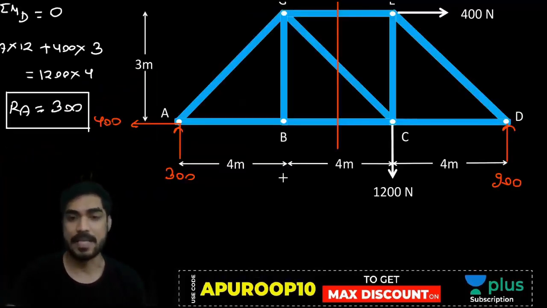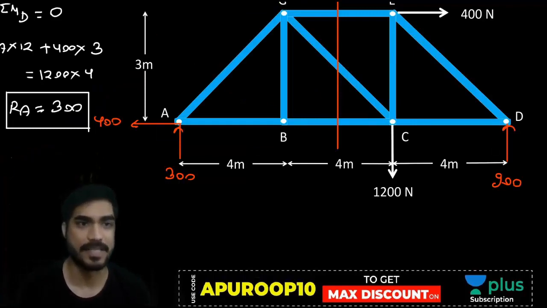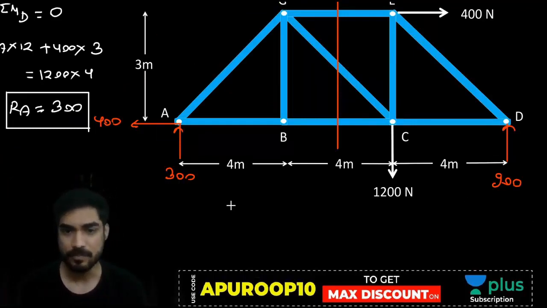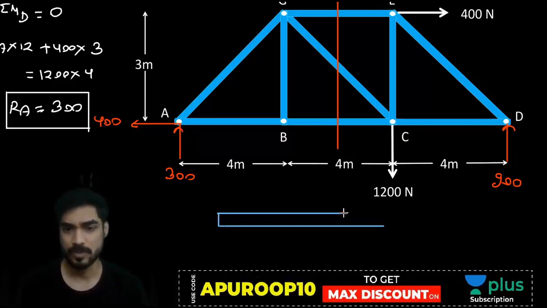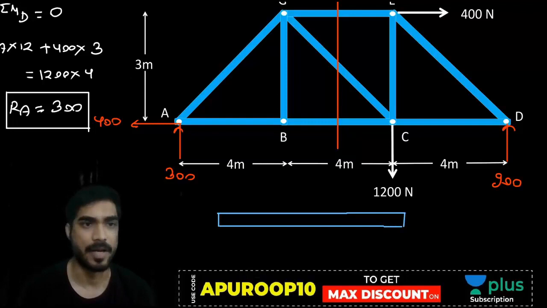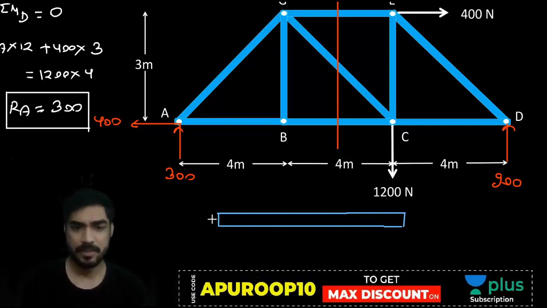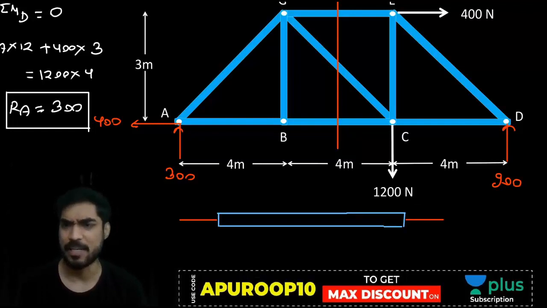Now understand this. If this is a member, then if you watch the external force, the tension will look like this.